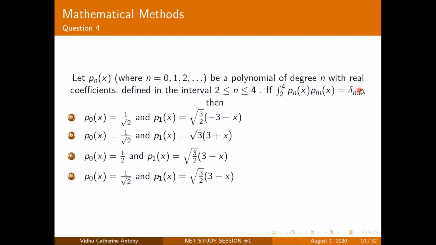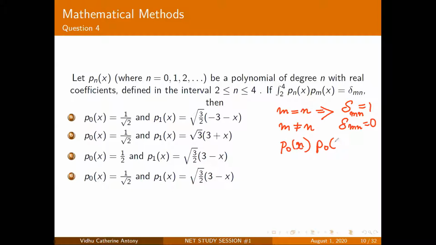So what is the definition of your Kronecker delta? If m is equal to n, then your delta mn will be 1. If m is not equal to n, then your delta mn will be 0, right? So all you have to do now is take P0 of x times P0 of x, integrated from 2 to 4, and check if you're getting 1.